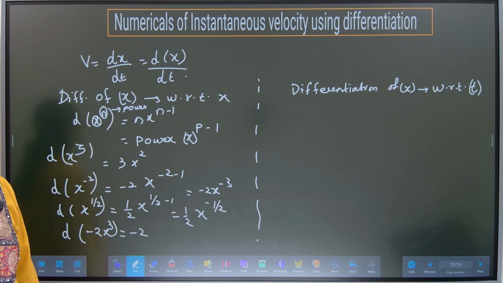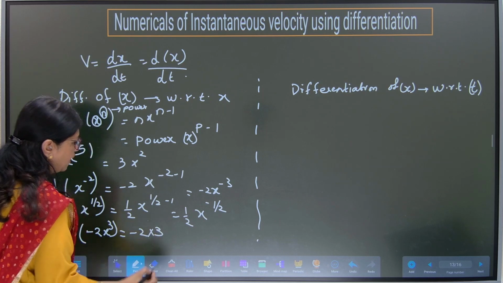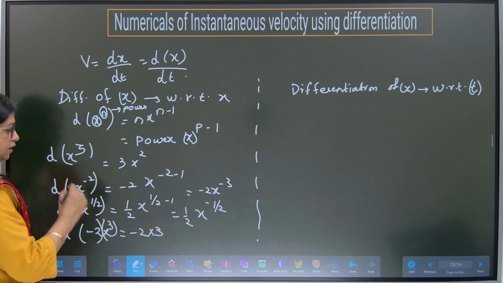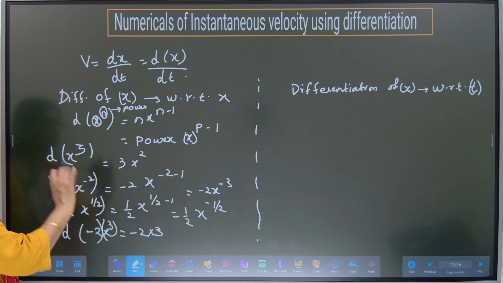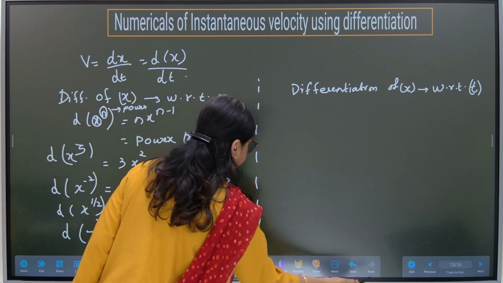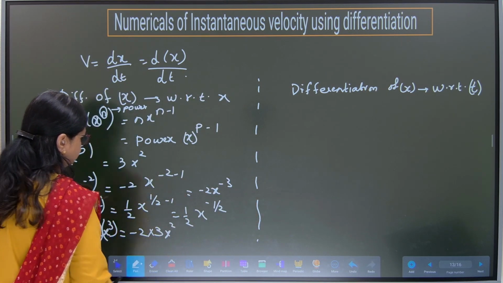Negative 2. Okay. Then power. What is the power? 3. This one is a separate one and this one is a separate one. Think like that. Negative 2, x raised to 3. Now for x raised to 3 you know. Write the power. Then x raised to power minus 1, 2. This is your answer.